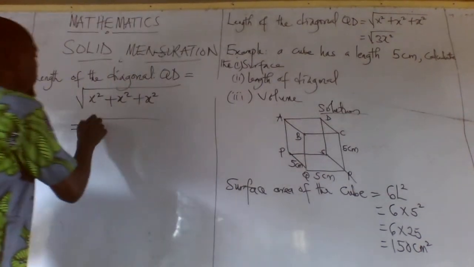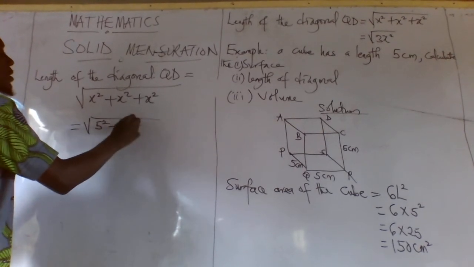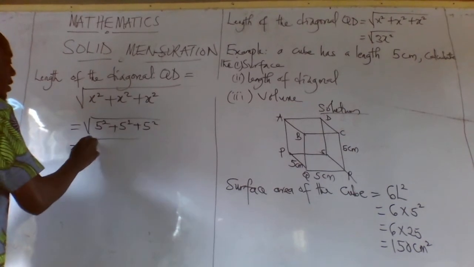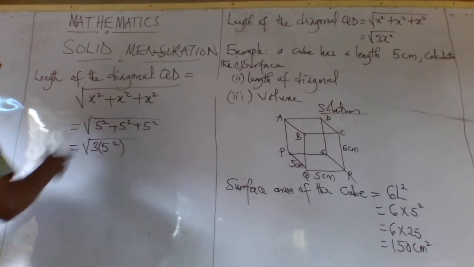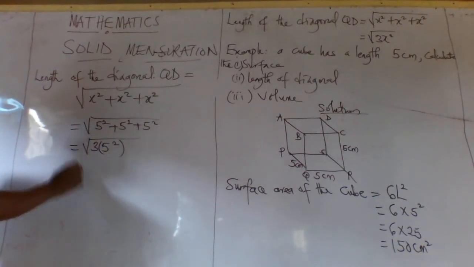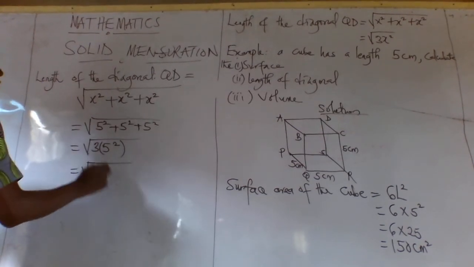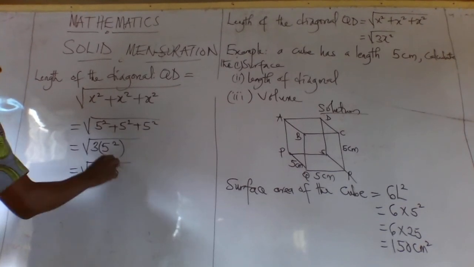So we have 5 squared plus 5 squared plus 5 squared, which is the same as 3 times 5 squared. So we have the square root of 3 times 25.